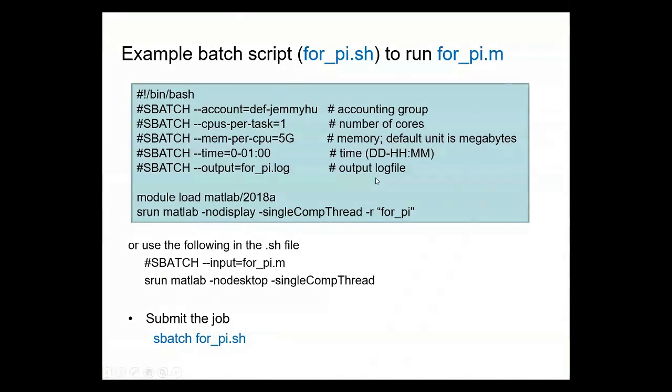Once you have this script, make it executable, and then submit the job to the queue using sbatch and this .sh file. If someone wants to import the output, you can use sbatch -import instead of -r for your code. It all works, but I think MATLAB prefers you to use -r in slurm.